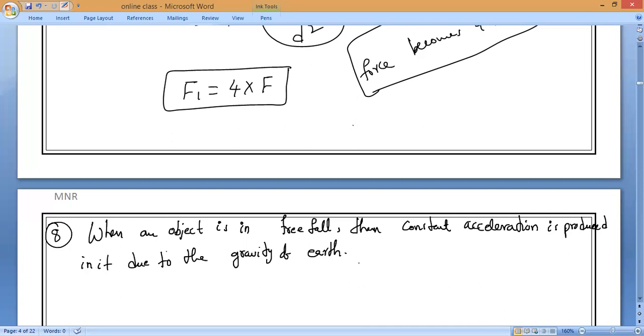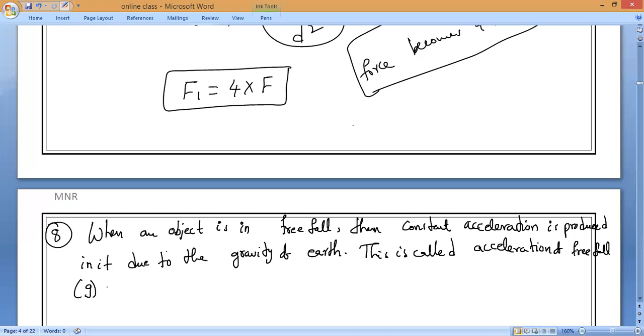This is called acceleration of free fall. So that is also another name.